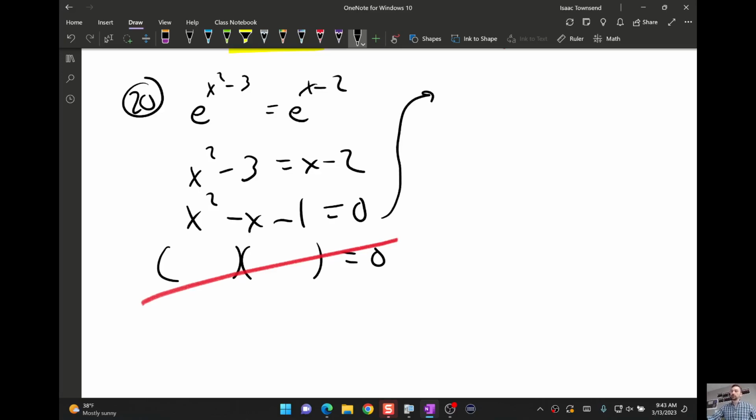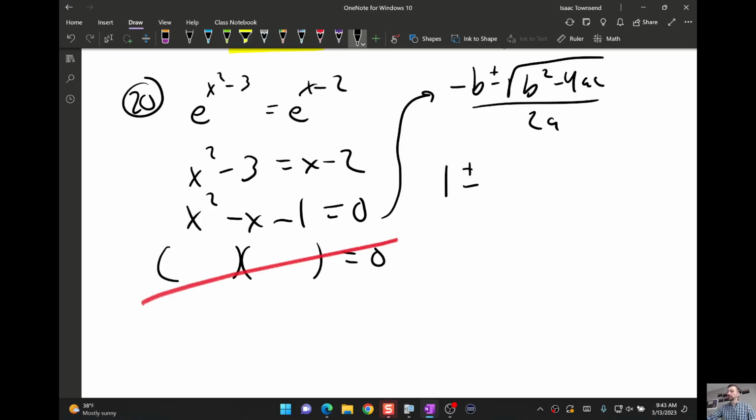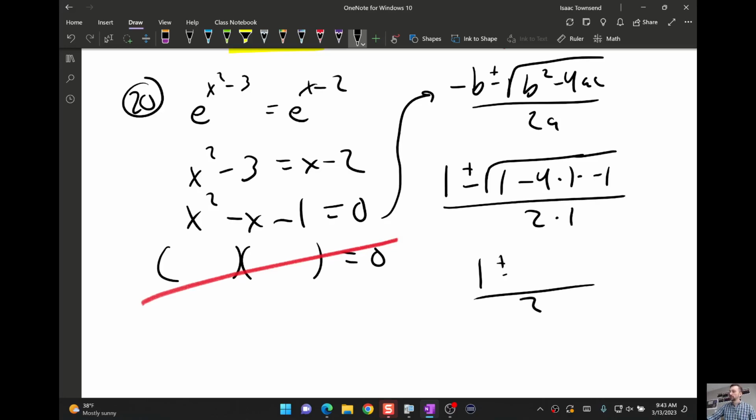If you need to solve a quadratic and it doesn't factor, the only way that always works is the quadratic formula. So if we plug in -1 for b, and then -1 for b again, 1 for a, -1 for c, and 1 for a again, you end up with those two solutions.